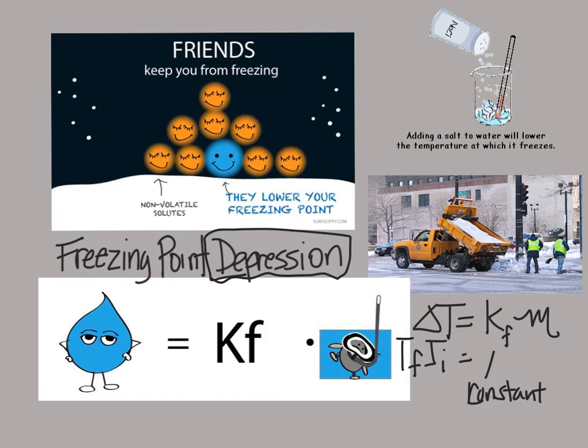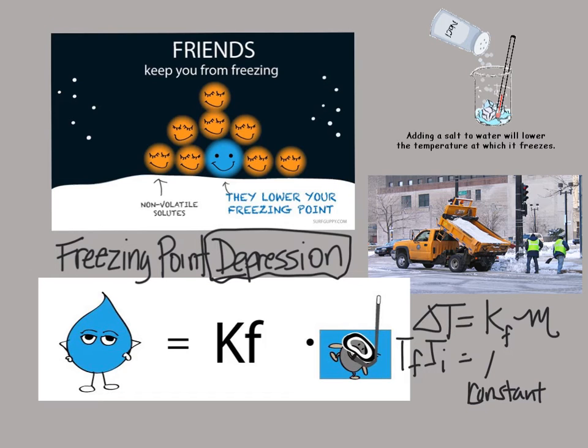So you would look up your K value in the constant chart, and they might give you the molality, and you would solve for either the change in temperature, or they might ask you to then calculate what the new freezing point is, because you would probably know the initial regular freezing point.